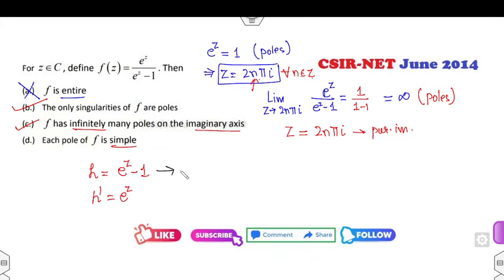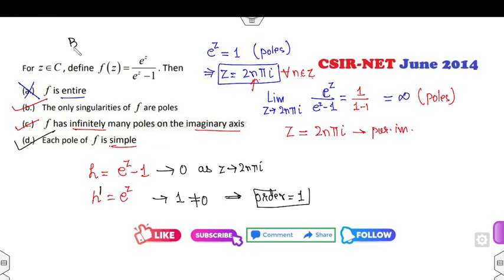Clearly, this number goes to 0 at the point 2n pi iota, because e raised to power 2n pi iota is 1. This goes to 1, which is non-zero. So the first derivative is non-zero. That means the order is 1. So once the order is 1, it's a simple pole. B, C and D are my right answers of this problem.